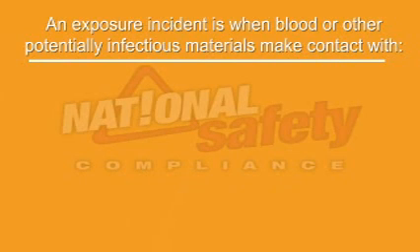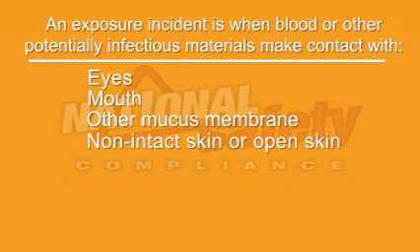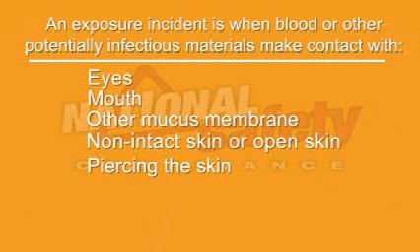An exposure incident is when blood or other potentially infectious materials make contact with eyes, mouth, other mucous membrane, non-intact skin or open skin, or by piercing the skin. If an exposure happens, it is important to follow set procedures, first by stopping and limiting the exposure to yourself and others.